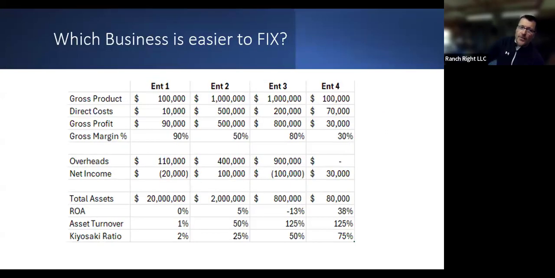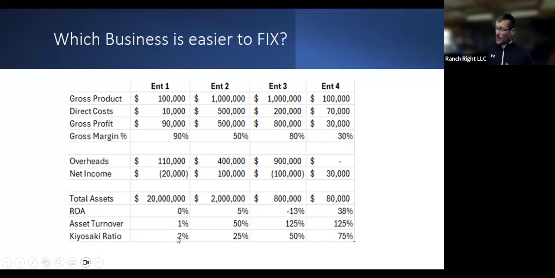I mentioned the turnaround thing when we talked about our different examples. Again, which of these would be an easier business to fix? Which of these businesses would you rather take over right now at its current position? I'll just say there are some differences here. This first one with a Kiyosaki ratio of 2% means that 2% of their assets are cash flow producing.